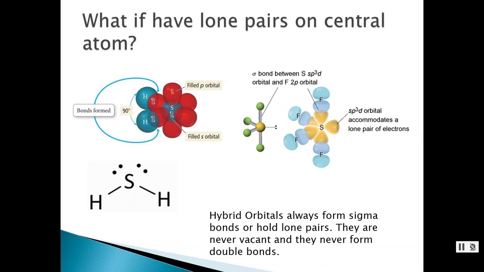So they're never vacant and they never form double bonds. We'll talk about double bonds in a subsequent video. But the take-home point is that lone pairs of electrons can be in hybrid orbitals. Hybrid orbitals are never vacant and they never form double bonds.